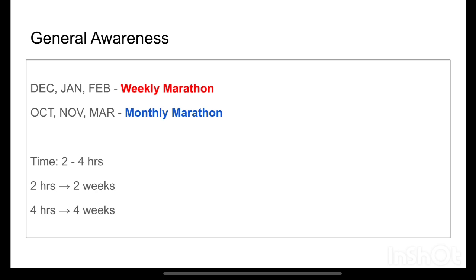So what we're going to do is complete every week's marathon videos for GA for each of these 3 months, December, January and February. So that means you'll be having 4 weekly marathons for each month, and for the entire 3 months you'll be covering 12 weekly marathons. So where to cover these things?